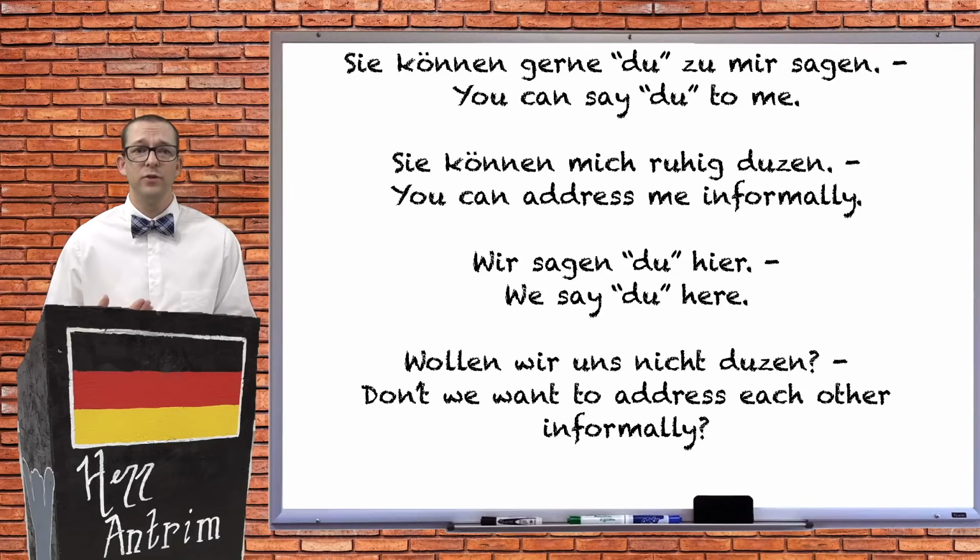In order to offer the du form to someone, Germans use a variety of different phrases. The most common ones would include these. "Sie können gerne du zu mir sagen." "Sie können mich ruhig duzen."